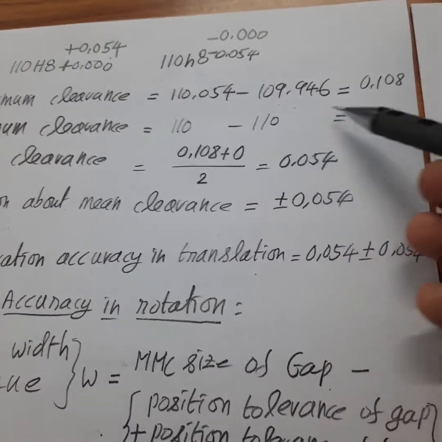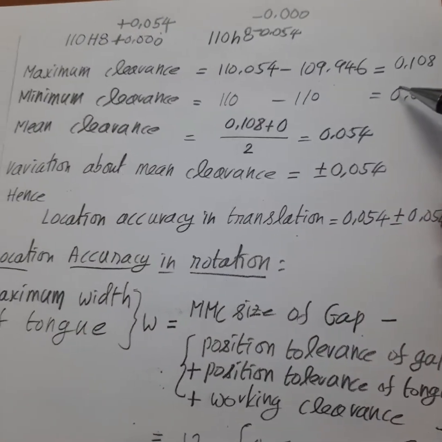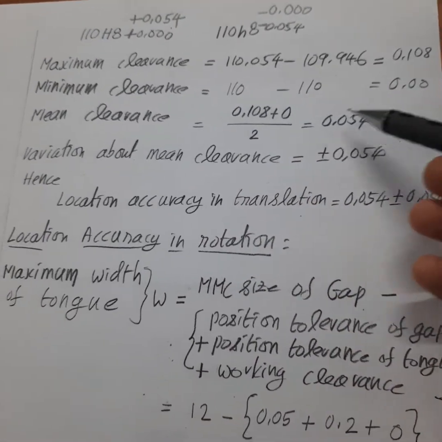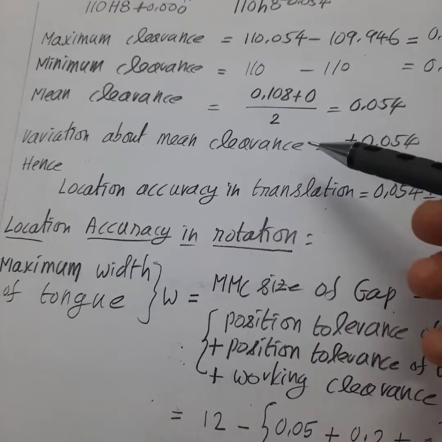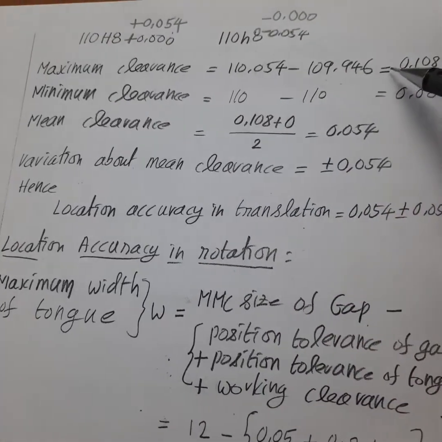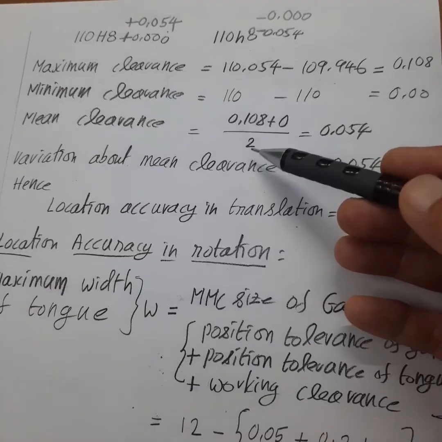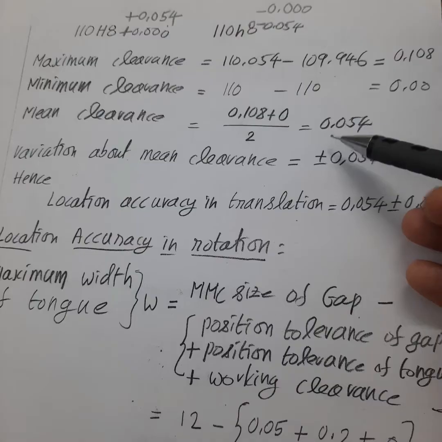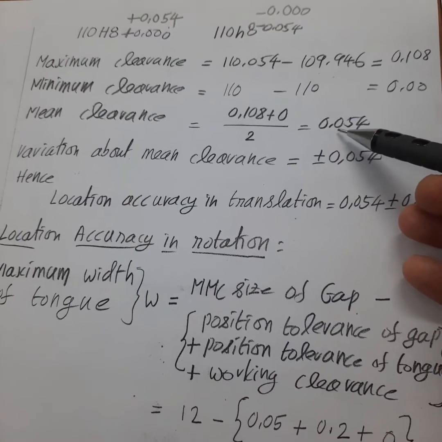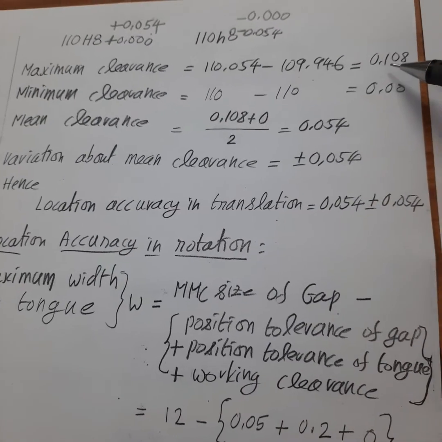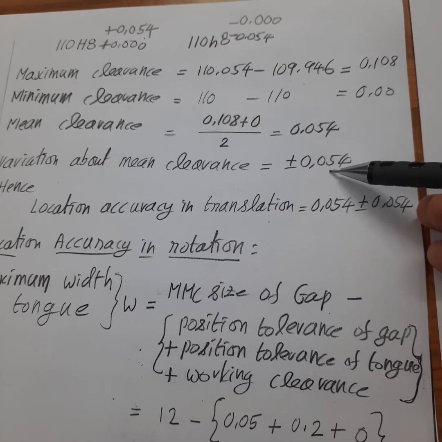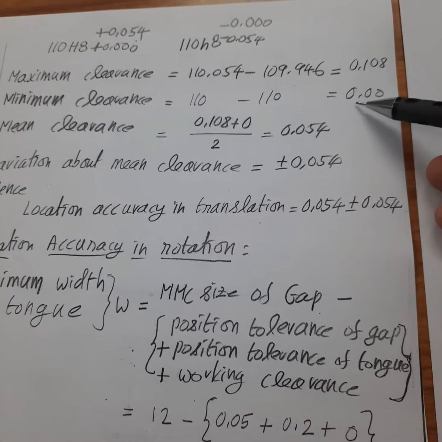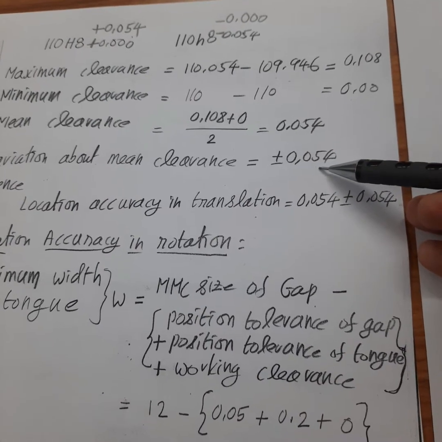So the maximum clearance is 0.108. The minimum clearance is 110 minus 110, which is 0. The mean clearance is the sum of these two divided by 2: 0.108 plus 0 divided by 2 is equal to 0.054. From the mean clearance of 0.054, the maximum clearance varies by plus 0.054, and the minimum clearance varies by minus 0.054.